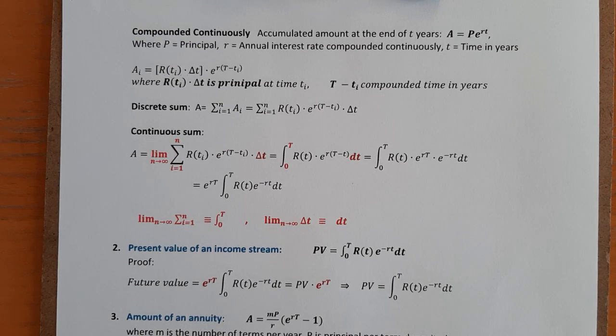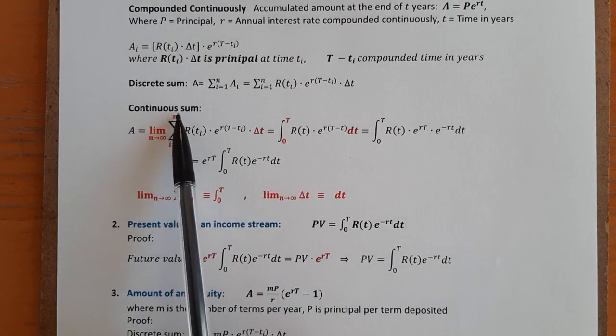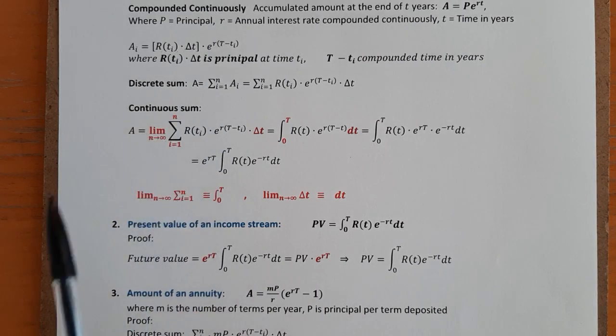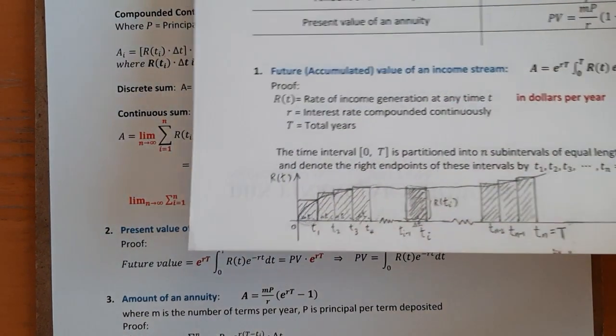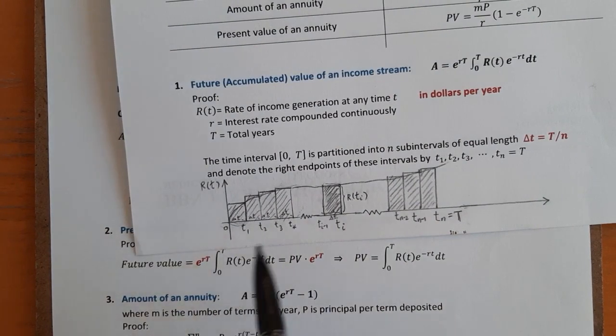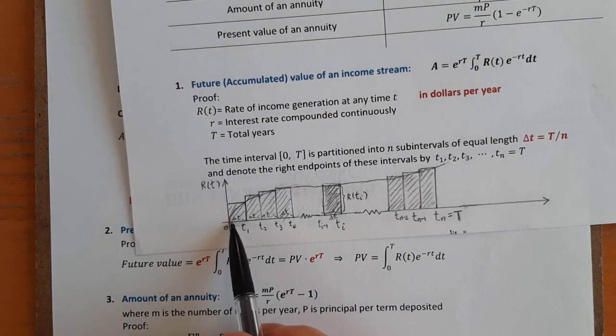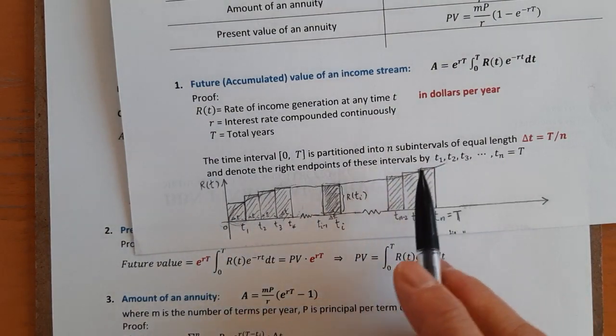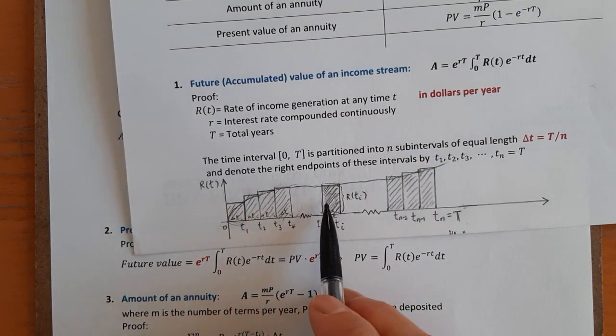And to go to the continuous sum, take the limit: amount equals the limit as n goes to infinity. That means this delta t becomes very, very small, and it becomes this continuous curve, instead of n intervals.